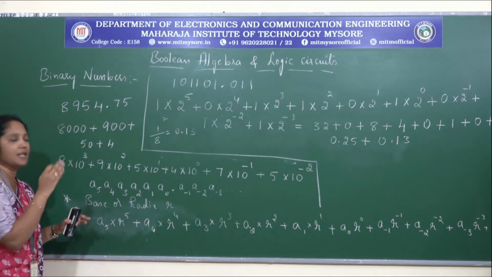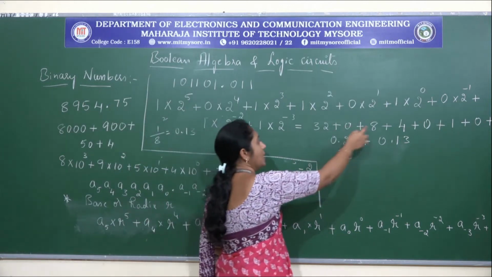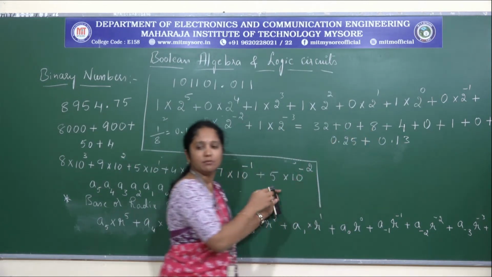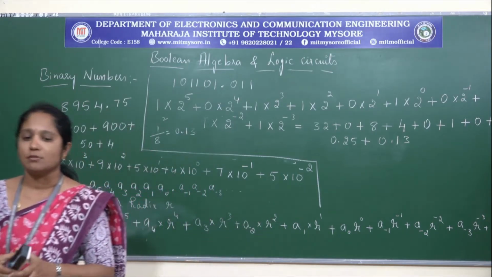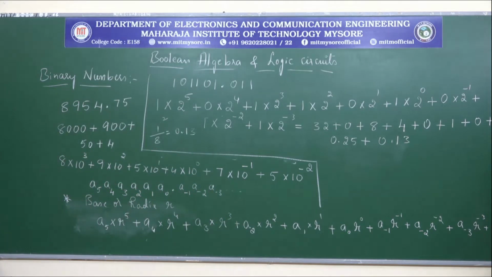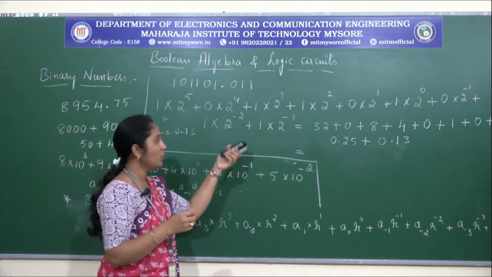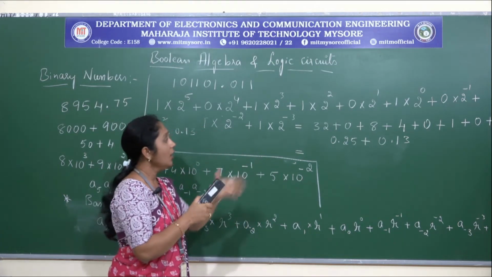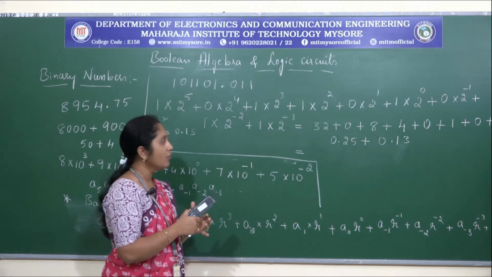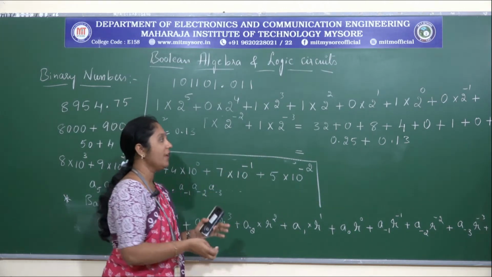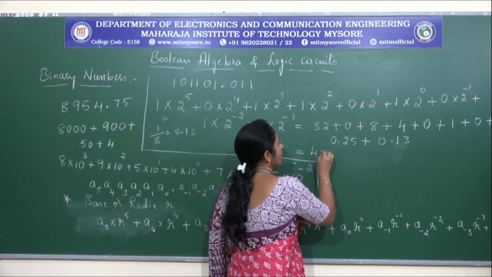Now let us find out its equivalent. We have 32 plus 8, which is 40, 40 plus 4 is 44, plus 1 is 45.